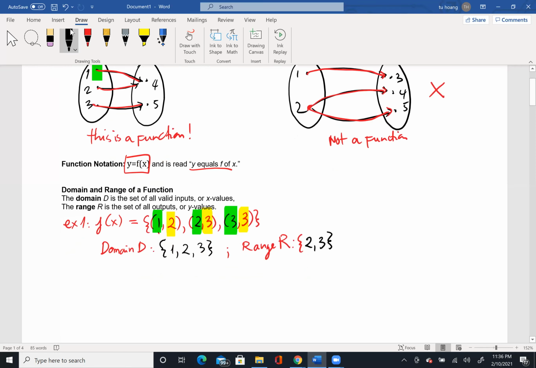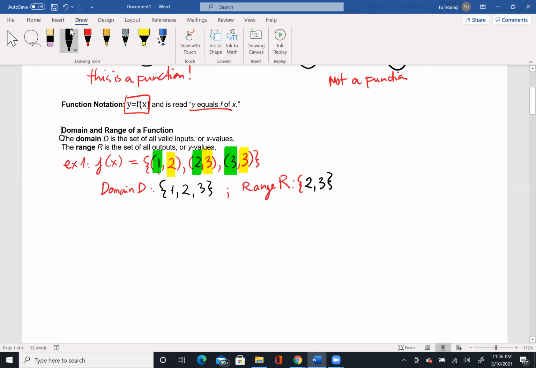What about another example, moving down here? What about f of x equal to x squared? What's the domain of that? We want to find the domain and we want to find the range.